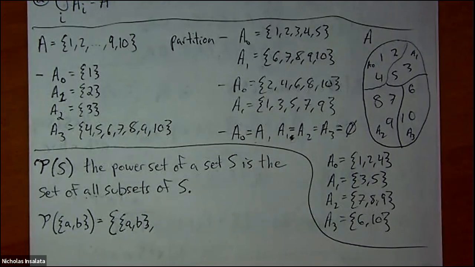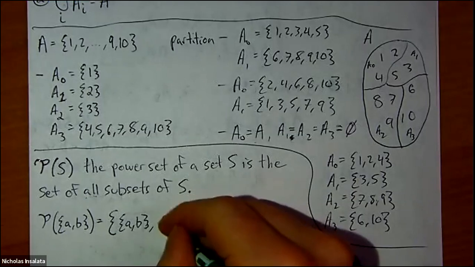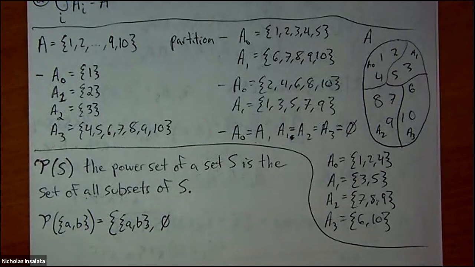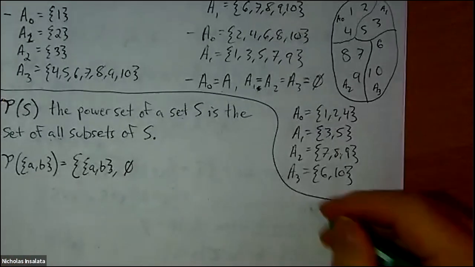So what's another subset of the set AB? The empty set. Good. The empty set is a subset of every set. Doesn't matter what we put in here, right? Maybe I should do a little sidebar here.